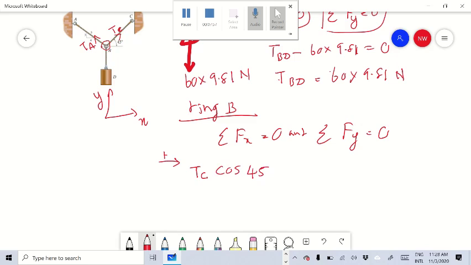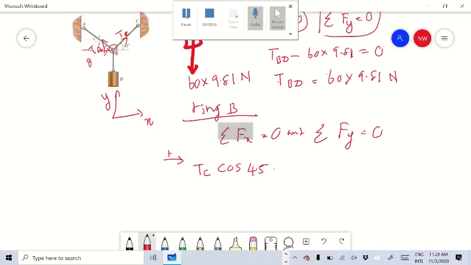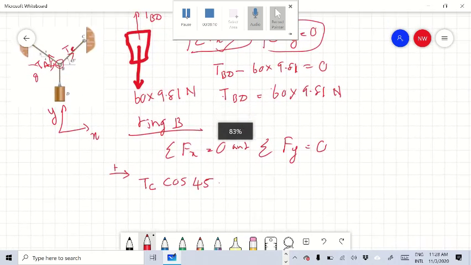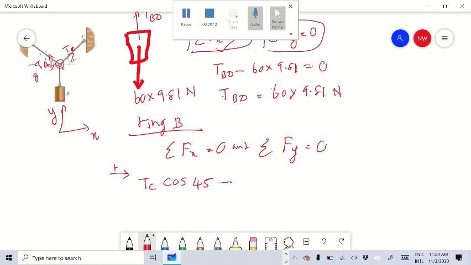So the resolvement of this in x direction is TA. If I say this angle is theta, so this one is in negative x direction, right? So it should be minus TA cos theta, right?